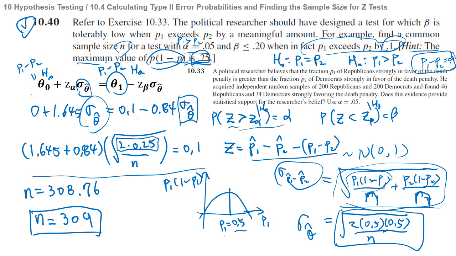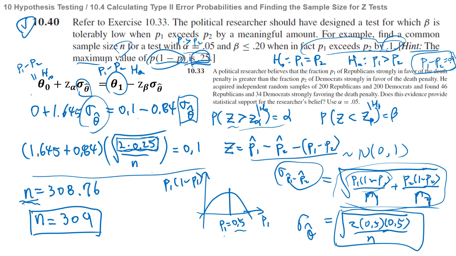So we want to have our n conservatively, and we need to maximize this part so that we can have our n in the conservative manner. So that's why we put p as 0.5.